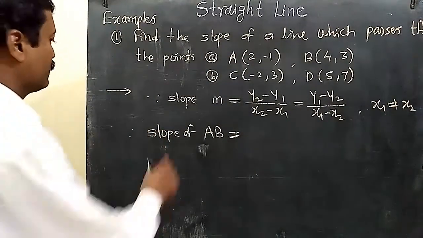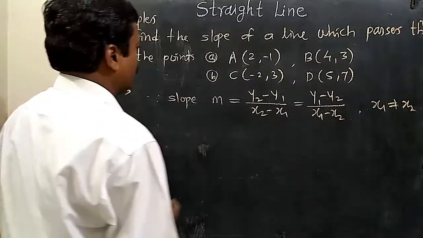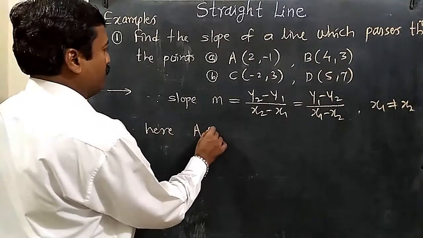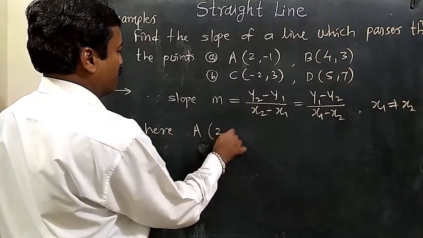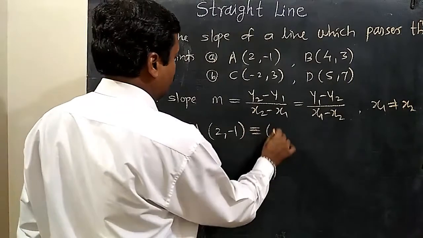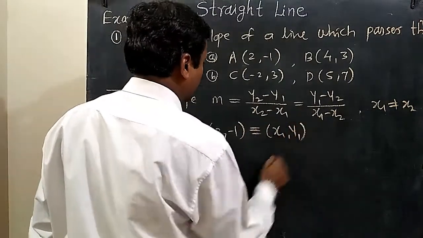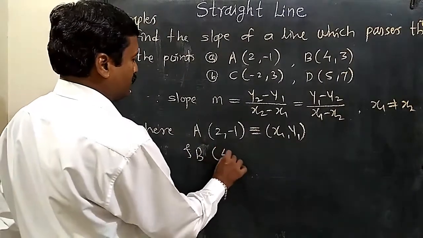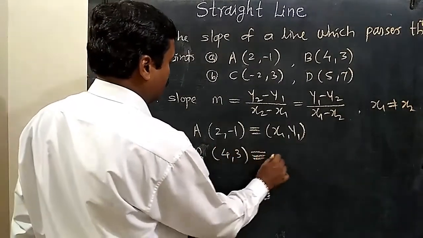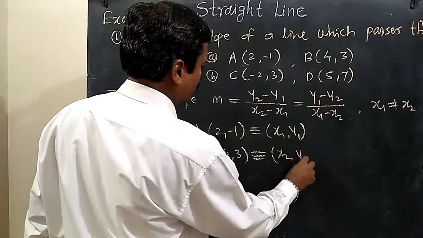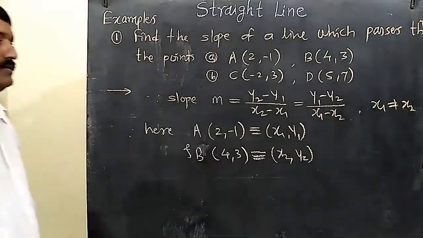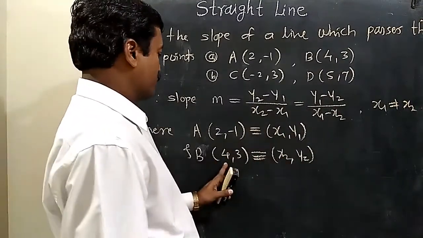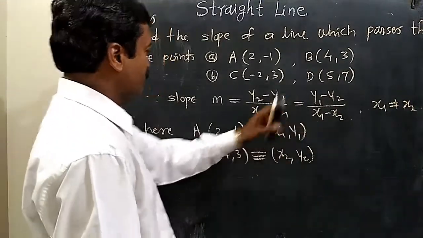A is (2, -1), consider it as x1, y1, and B is (4, 3), that is x2, y2. Now we can use the values, x2 equal to 4 and y2 equal to 3, in this formula.